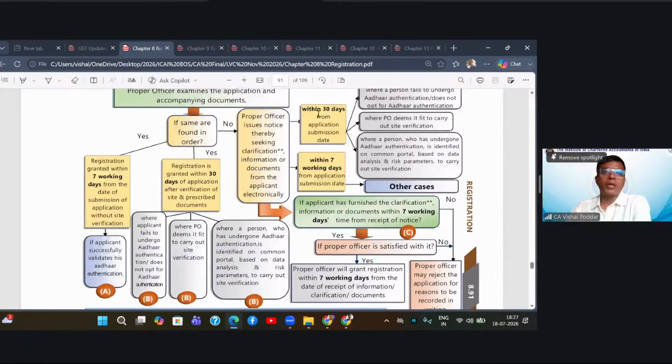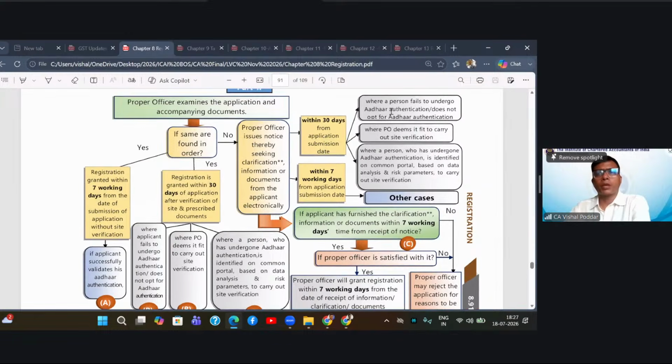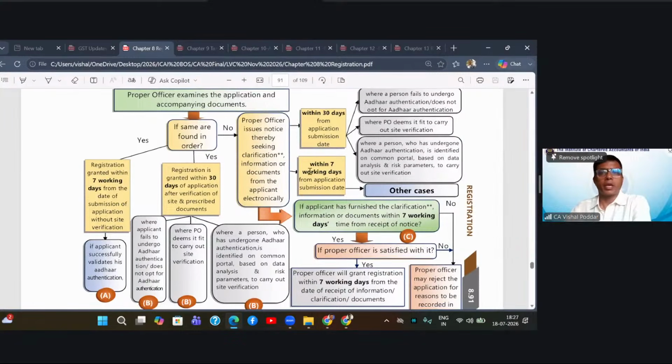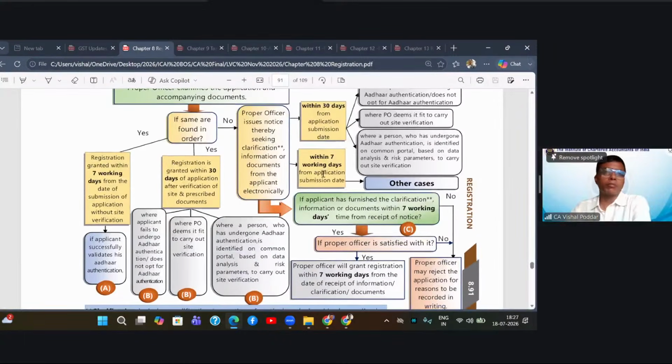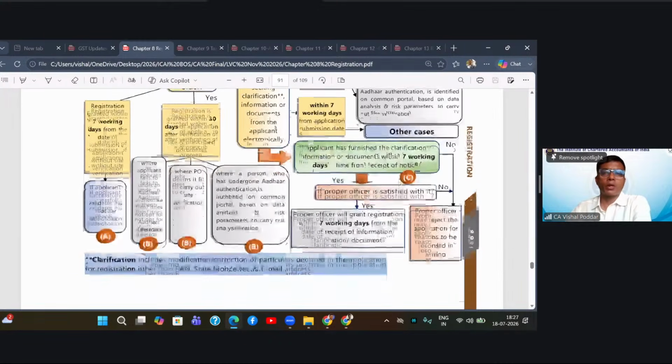This will be done within 30 days from the application for registration, where the person fails to undergo Aadhaar authentication or the PO deems it fit, or where he has undergone Aadhaar authentication but the portal has identified him because of some risk parameters. And otherwise, the officer will send you this within 7 days from the date of your application where no such problem is there and you have undergone Aadhaar authentication.